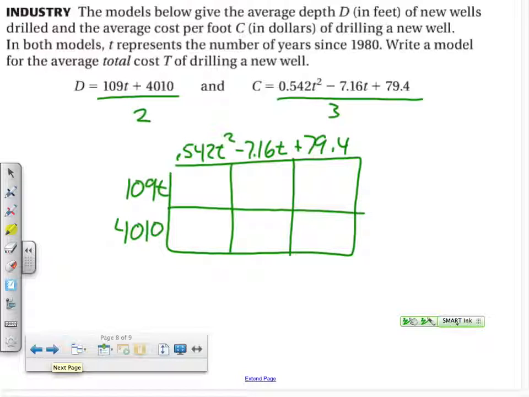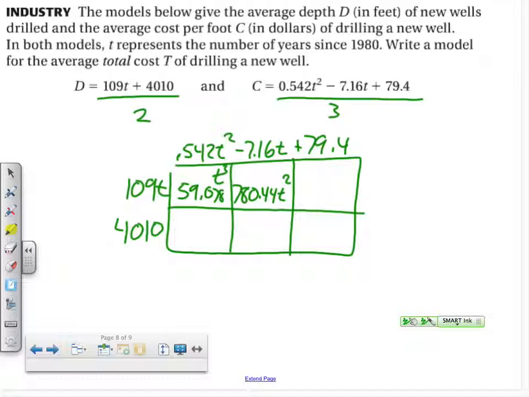Right? Go through and find the area of each box. 109 times 0.542 is 59.078. This will be T cubed. The next box, 109 times 7.16, 780.44.